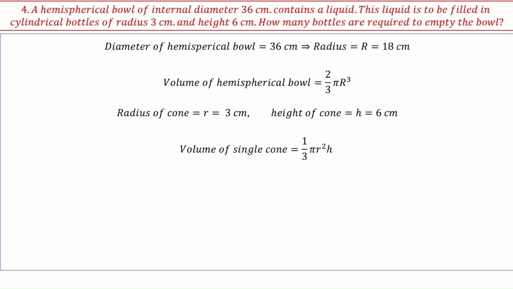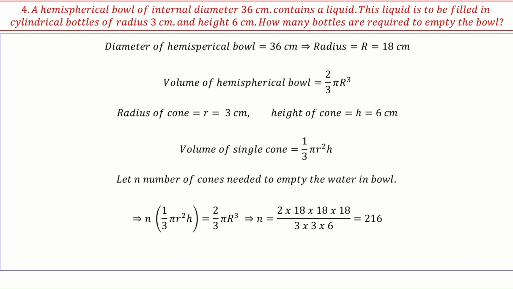Then volume of single cone is 1 by 3 pi r square h. So let's say n number of cones are required. So n into 1 by 3 pi r square h equals 2 by 3 pi r cube. If you substitute the values correctly, then n is equal to 216. So 216 conical cones are required to empty the bowl.